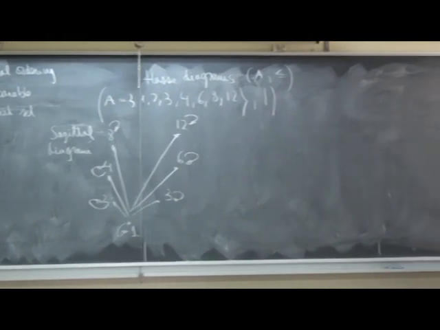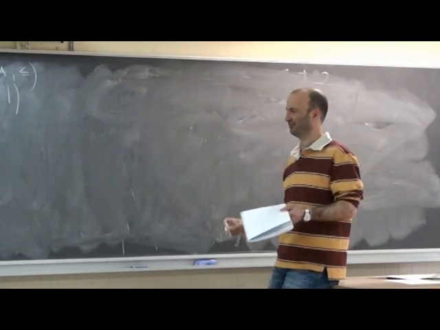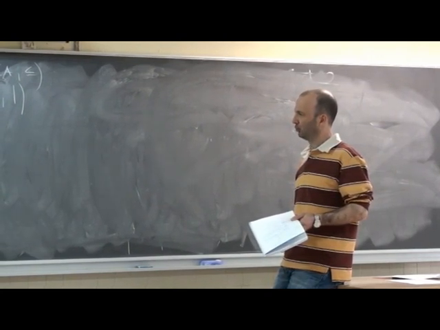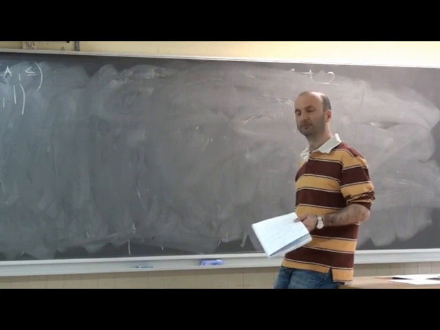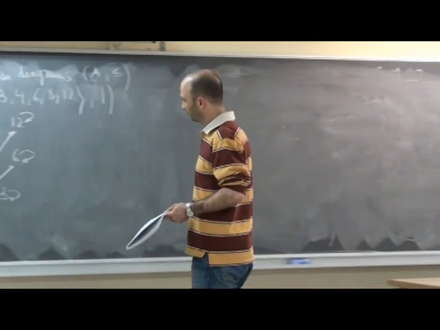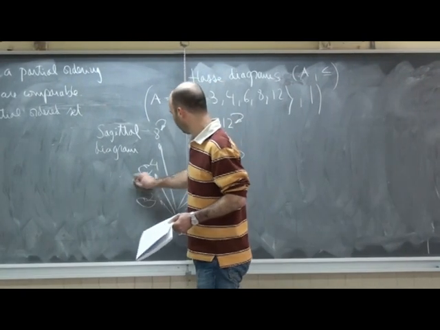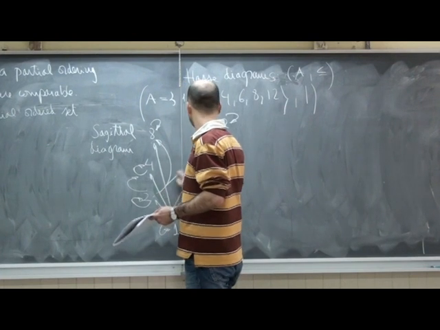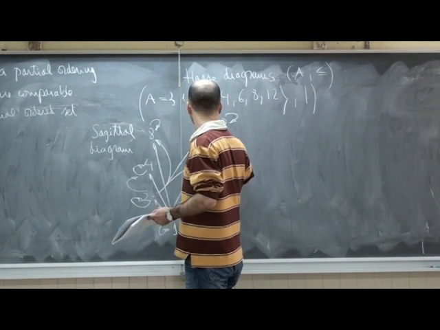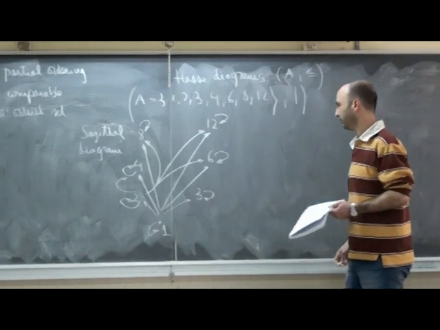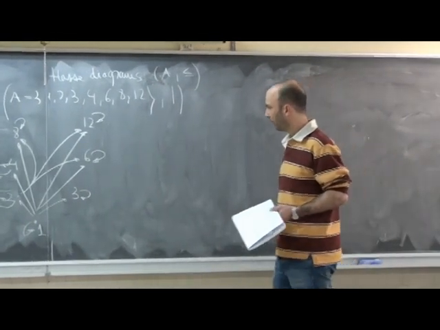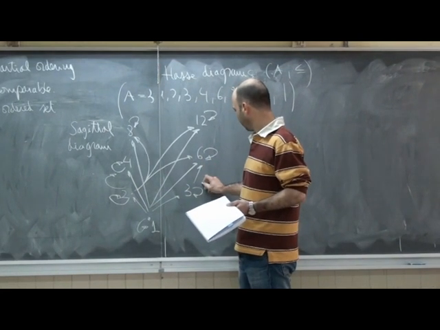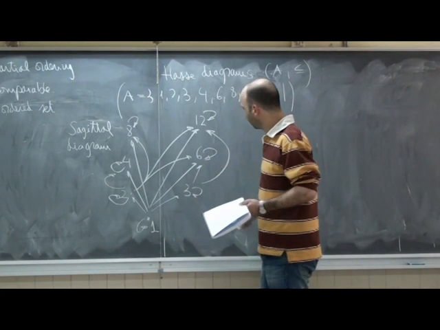And okay, then I will go to element 2. So element 2 divides 2, divides 8, divides 6, and divides 12. Then I will go to element 3, which divides 3 and 12.